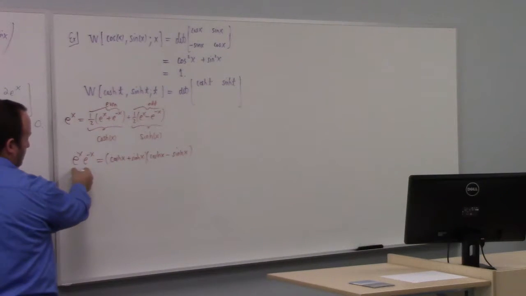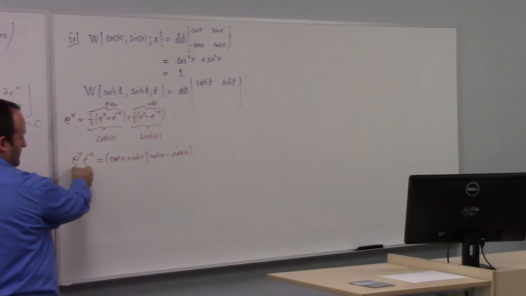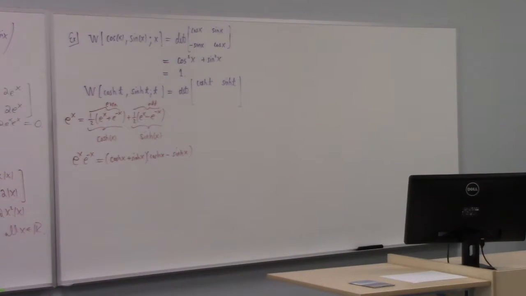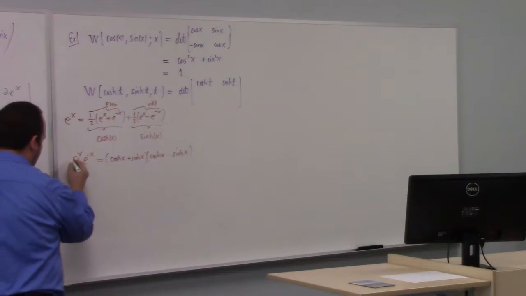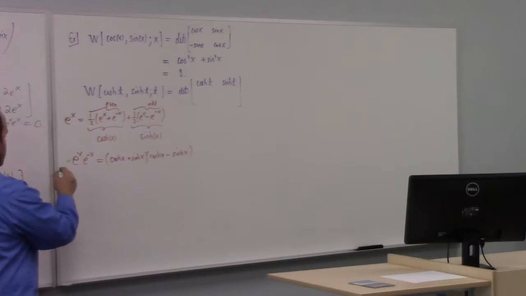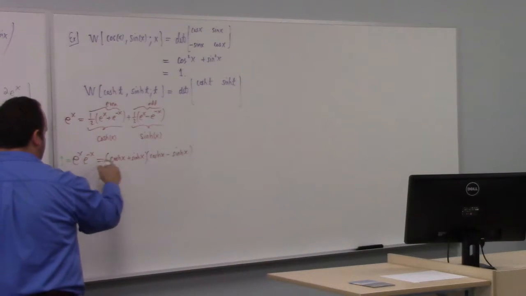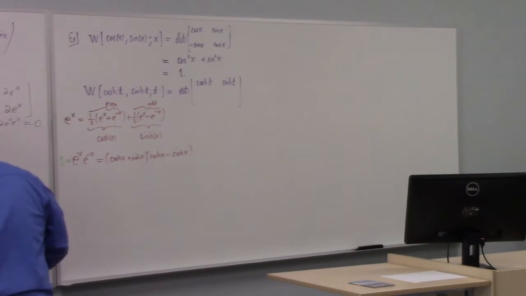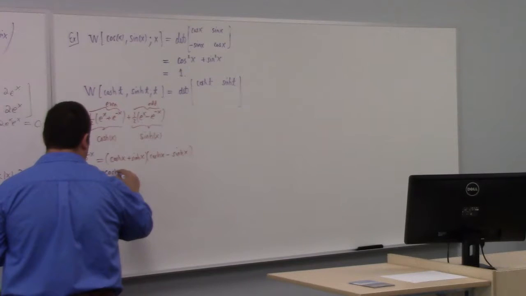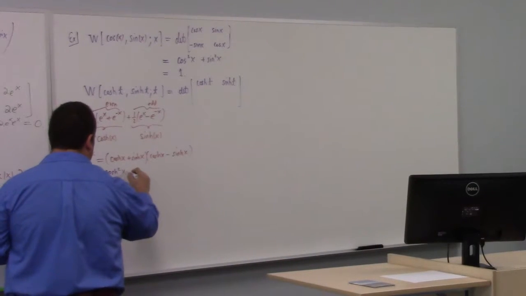What's this? If you allow me this small manga-style calculation. Yeah, 1. So on the other hand, this is what? So we got cosh squared x minus sinh squared x.